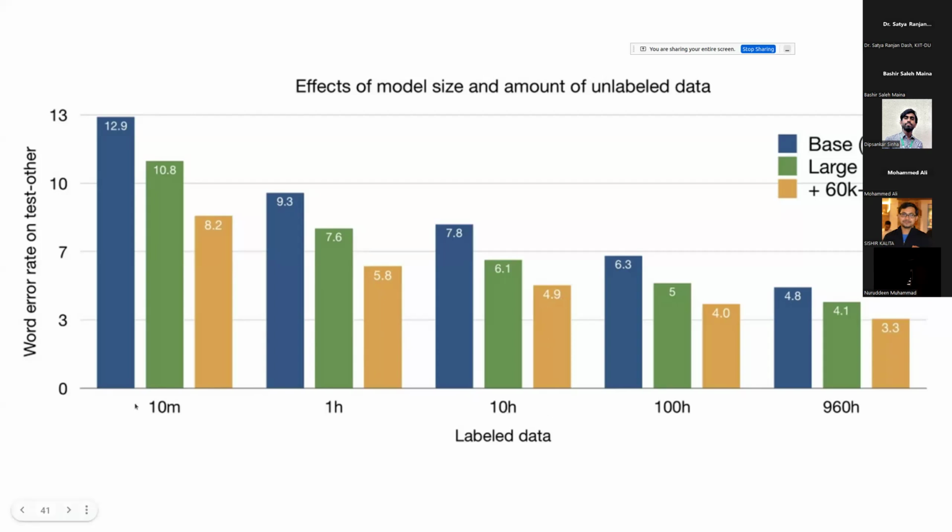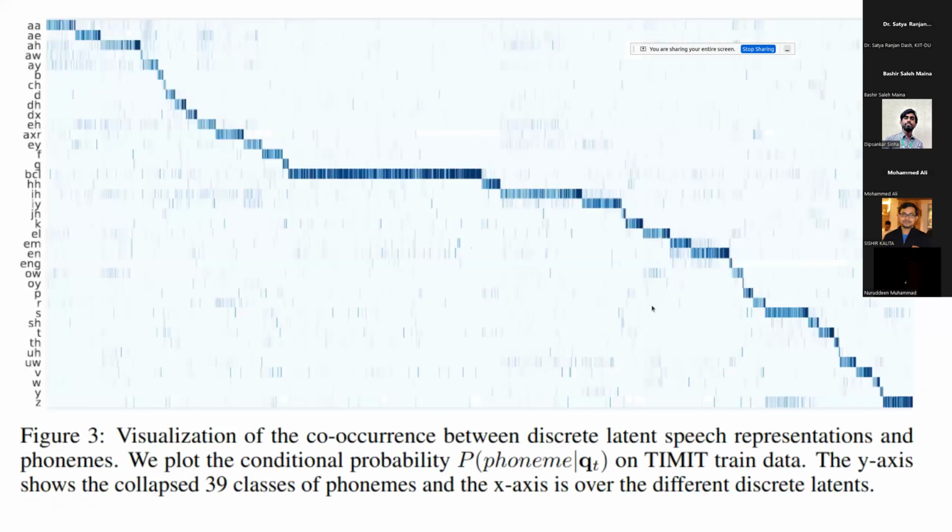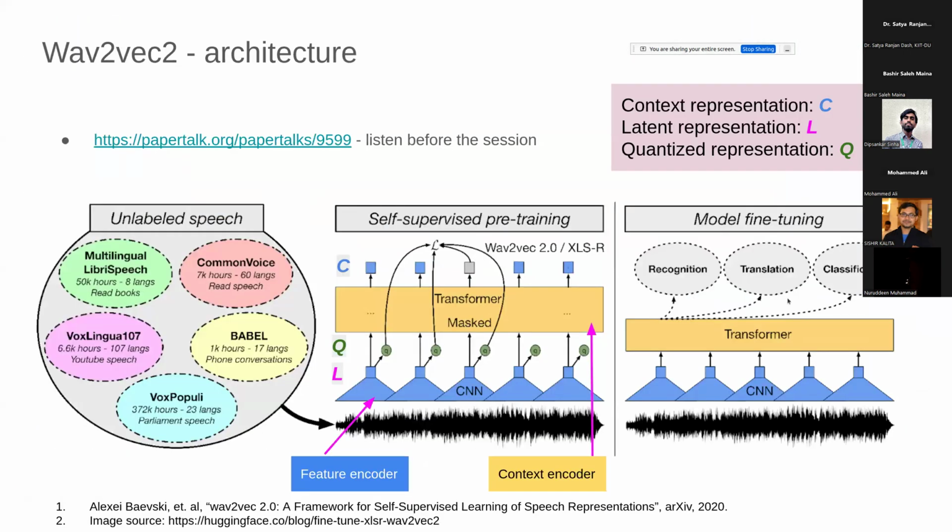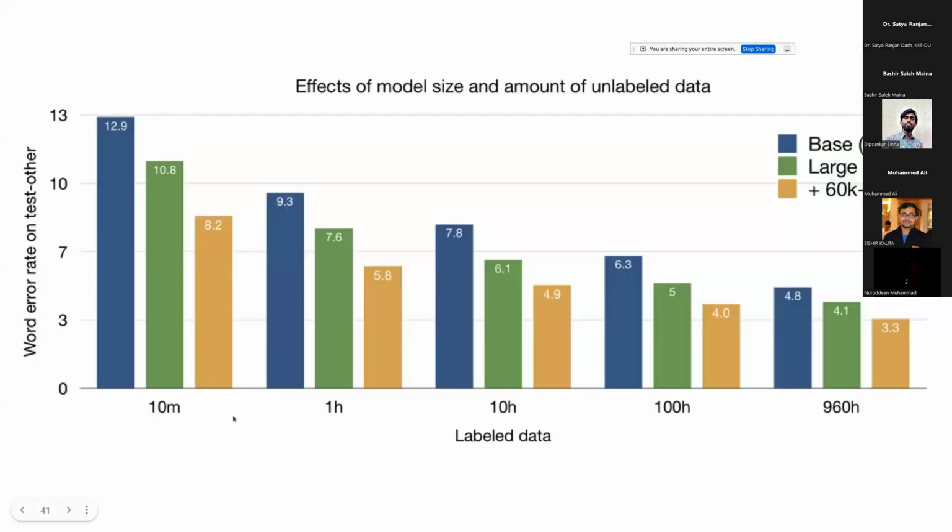So just imagine, with only 10 minutes of data, they are getting good performance. Normally, with only 10 minutes of data, you can't build a speech recognition system. But with that representation, whatever they are learning, you can just use 10 minutes of data and you can build a model. So that's actually the big advantage of that.